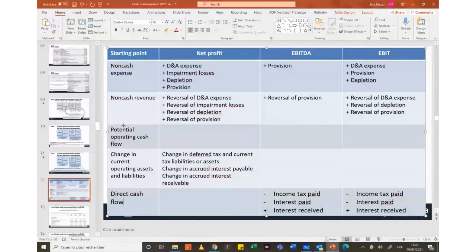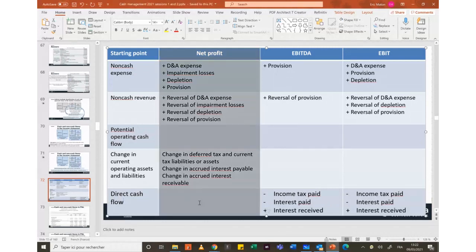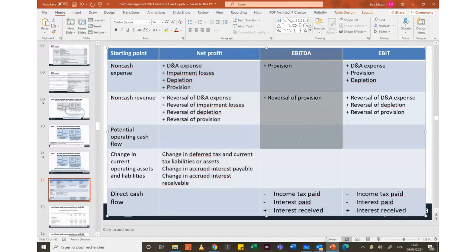So in function of the starting point, you don't do the same thing. If you start from the net profit, you need to know what is in this column. If you start from the EBITDA, you will have more of the information which is in this column, and so on.